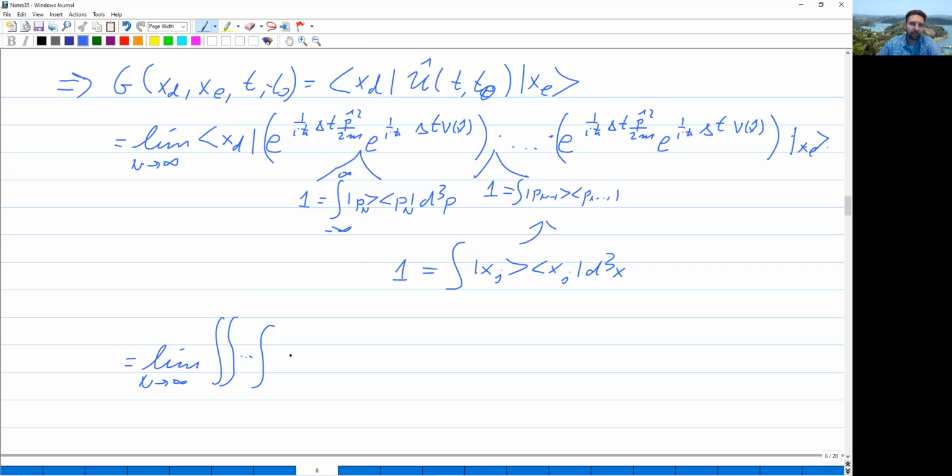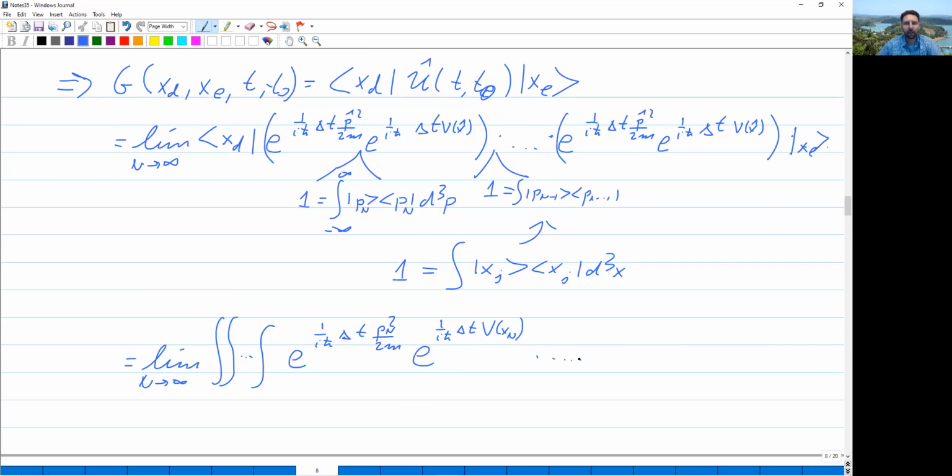We obtain here terms of the form e to the power of 1 over iħ delta t, and then p squared over 2m. In the first case, it would be a pn squared over 2m. And then we also get a term where we have e to the power of 1 over iħ, and then we have delta t, and then a v of xn.